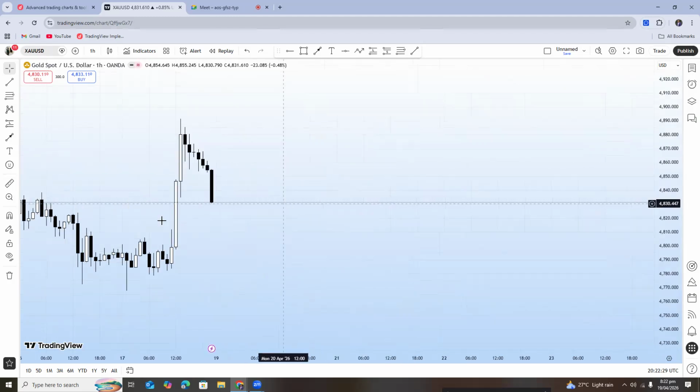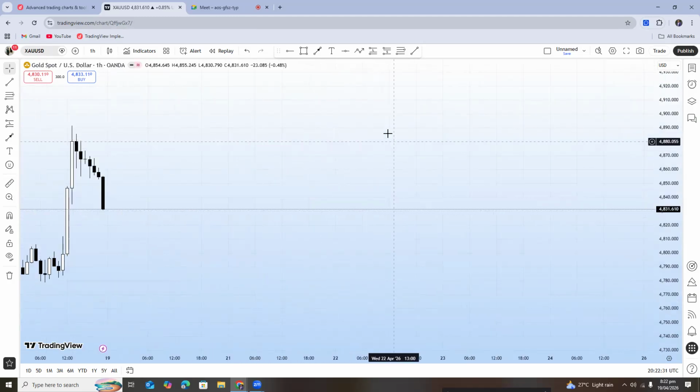All right. So yesterday we established that there are three main market structures. We have the trending market, where we have an uptrend and then a downtrend. We have the ranging market, and then we have the choppy market. And we established yesterday that for a choppy market, we are not going to take any action, or we are not going to trade when the market is consolidating.